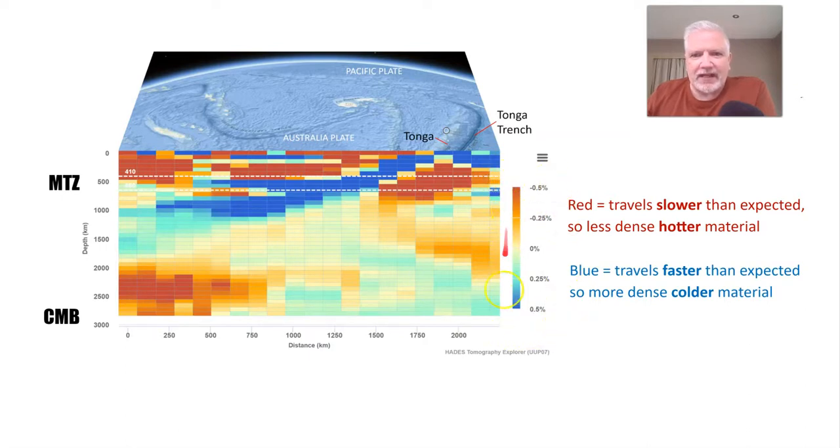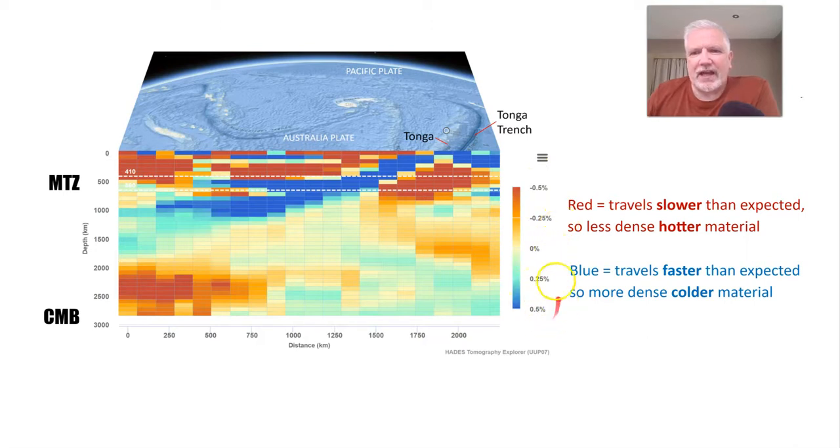Okay, let's take a little bit of time to understand that. Based on our core basic seismic models, we have some reference models that tell us how fast we would expect the seismic waves to reach us if the asthenosphere and the upper mantle were more or less homogeneous in characteristics. If, however, the waves are travelling a little bit slower than expected, they will arrive a little bit later than that model would suggest.